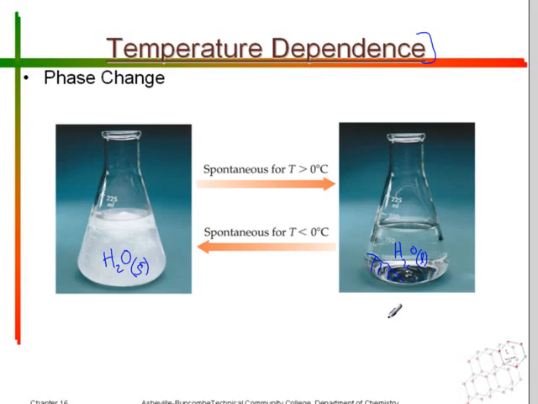The phase change I'm describing here is probably about as close to a reversible process as we care to get. If you jack up the temperature anything above 0, 1, 2 degrees Celsius, then it's an irreversible change, and it's a spontaneous change.